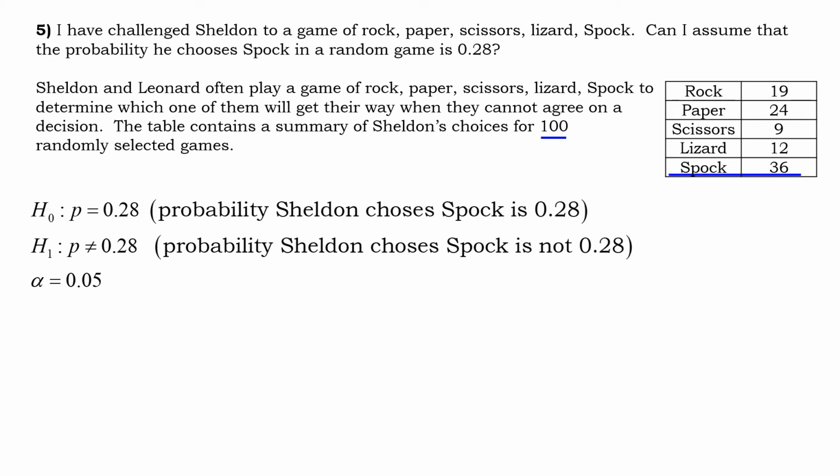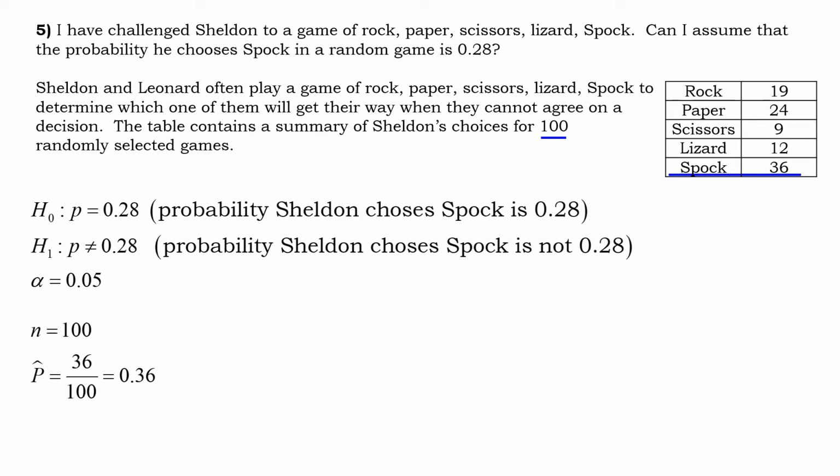So we have a sample of 100 games, and he chose Spock 36 times. So our sample size is 100 games. The proportion of the sample, p hat, that Sheldon chose Spock is going to be 36 out of 100. Now here, 36 100ths is exactly 0.36, so there's no rounding of p hat.